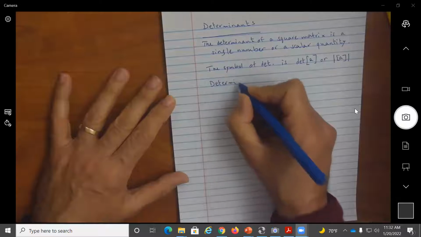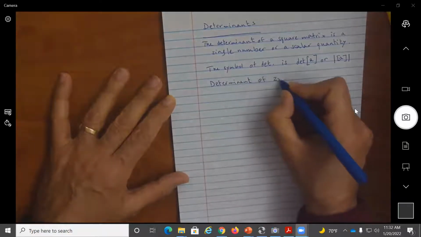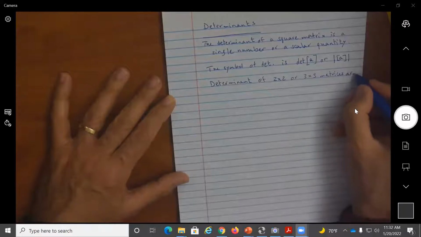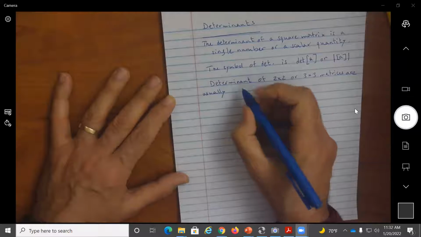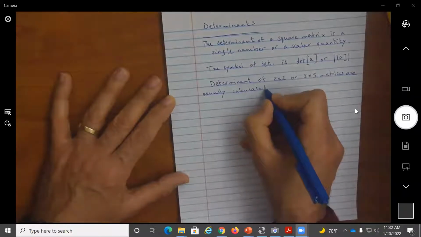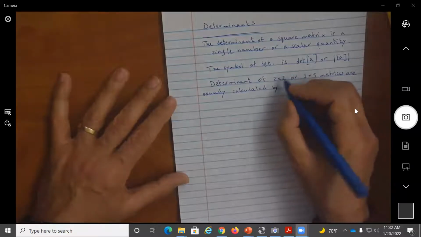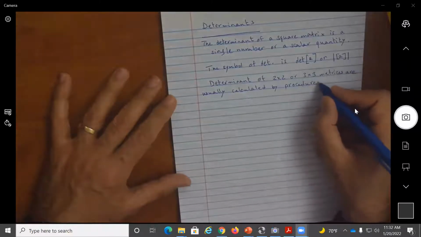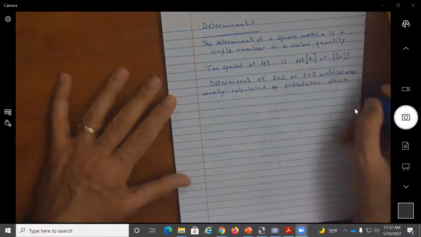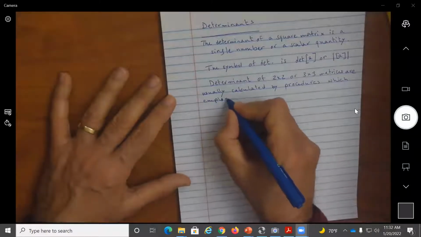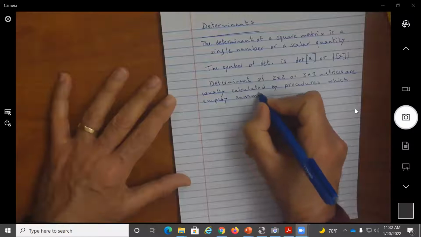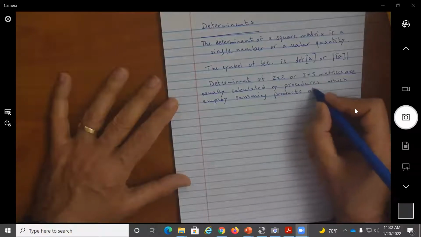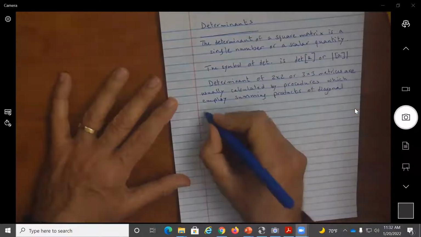The determinants of 2 by 2 or 3 by 3 matrices are usually calculated by procedures which involve or employ summing products of diagonals and taking differences.